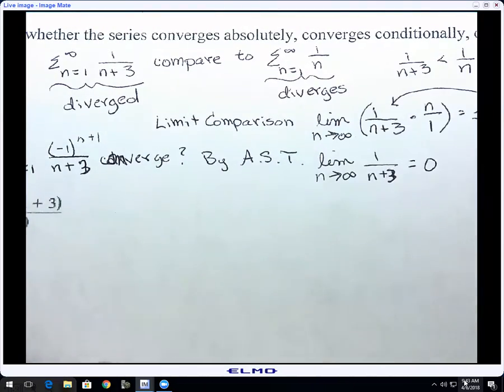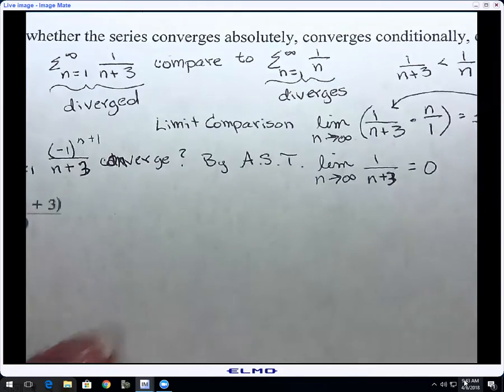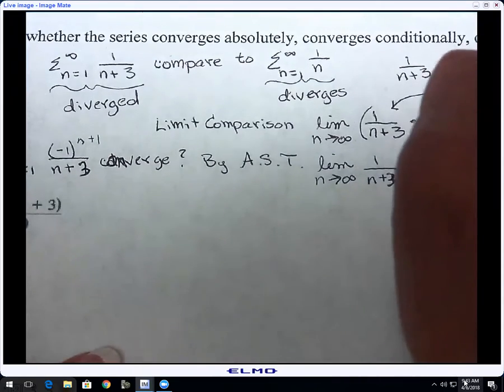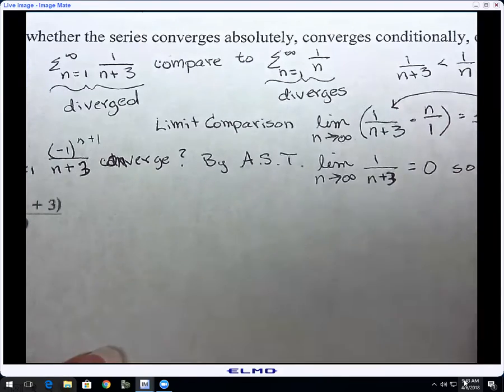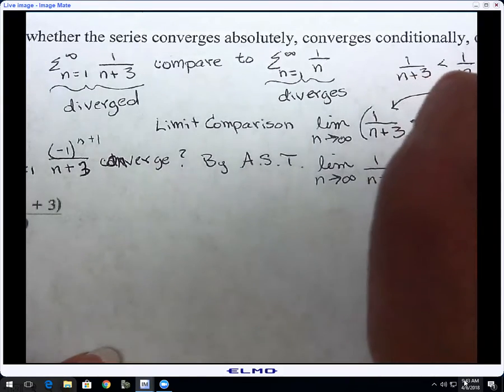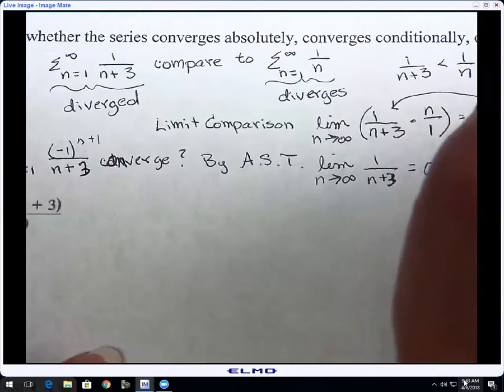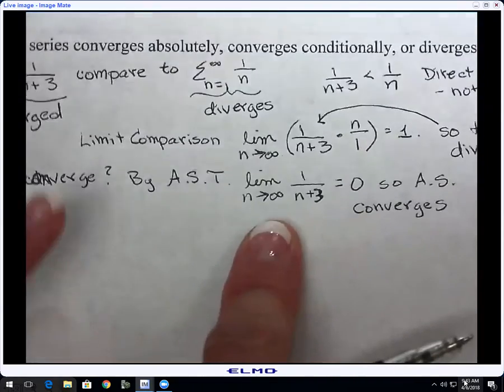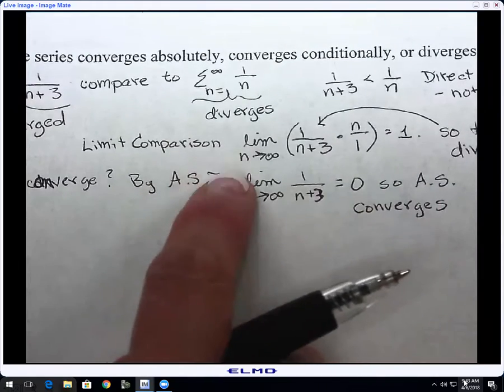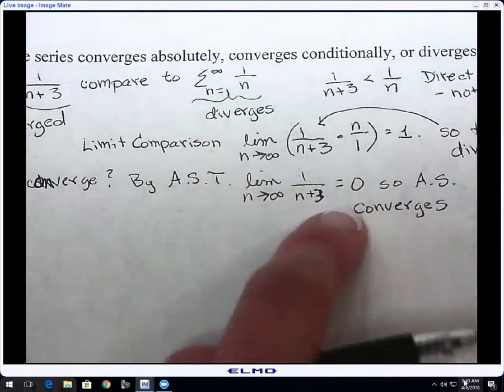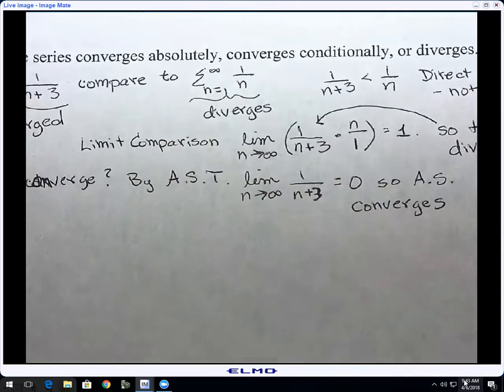Since that's 0, what does that tell you? So the alternating series converges because of the alternating series test. But if this one converged and its absolute value diverged, what kind of convergence is this? Conditional.